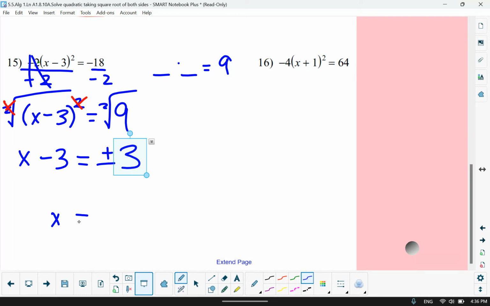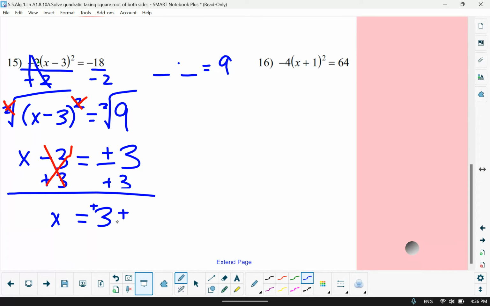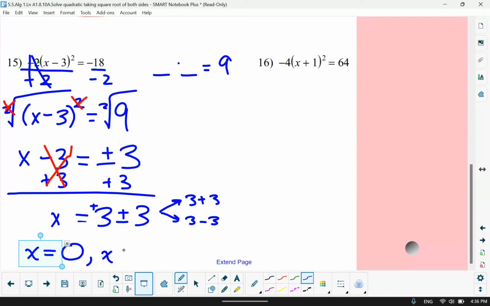But I want to know what x is, so let's eliminate that minus 3 with plus 3, thereby leaving a positive 3 and plus or minus 3. Now again, what does that mean? We have a 3 plus 3, and we have a 3 minus 3. So our final solutions, 3 subtract 3 would be 0, or 3 add 3 would be 6.